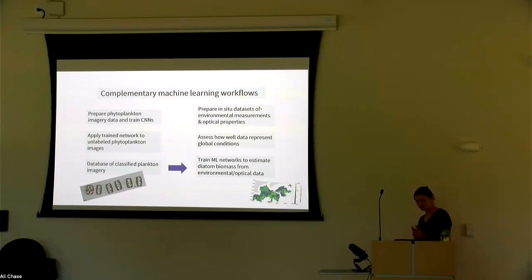They certainly are for the imagery data, but when we only have several thousand data records rather than hundreds of thousands or more, when we're comparing diatoms to their environment and the optical properties of the water they're in, tree-based or gradient boosted methods are more appropriate for fewer data points and tabular data where the inputs are related to the outputs in a way that we know something about.